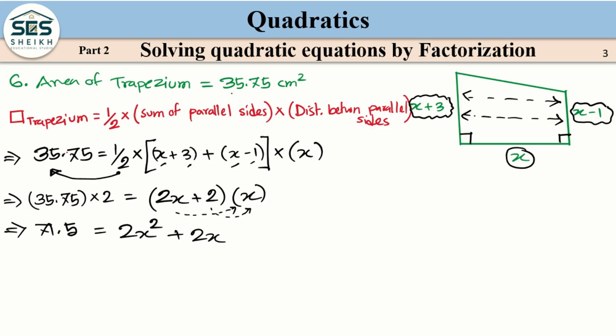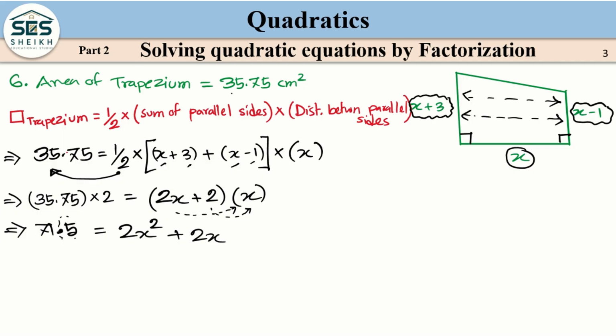Since we have a decimal here, it might be a problem for us to factorize this math and find the value for x. So we need to remove this 0.5. 0.5 actually means half.